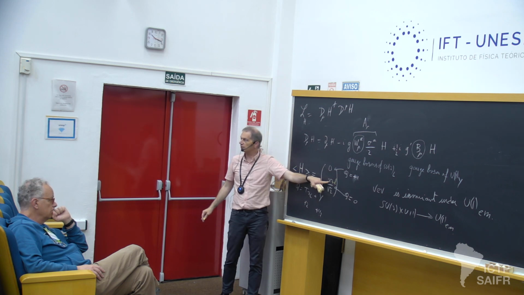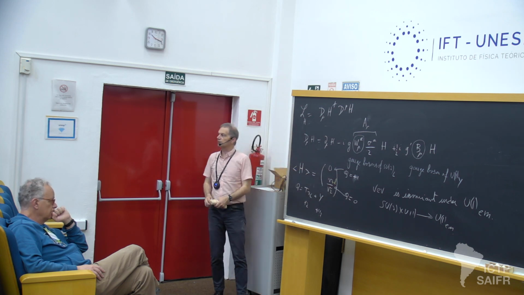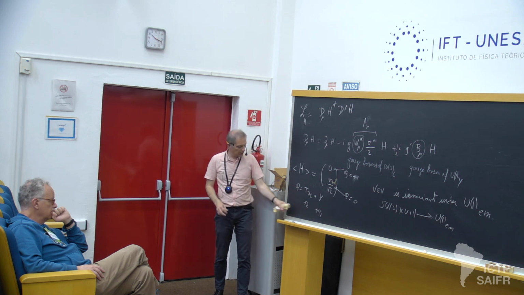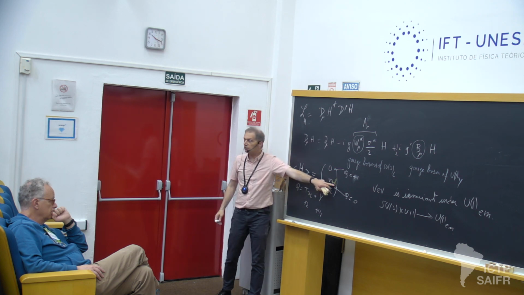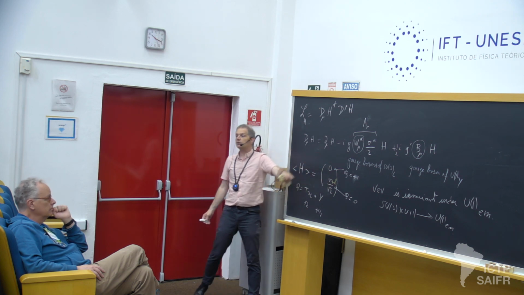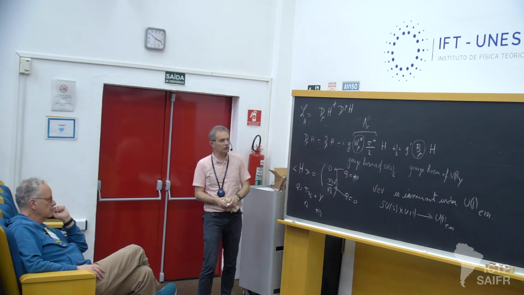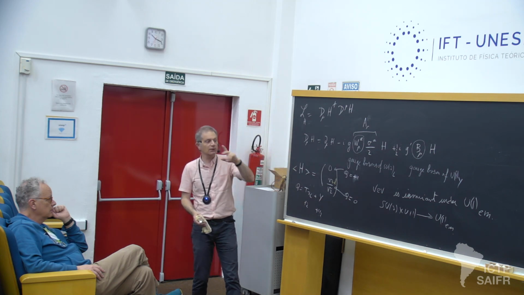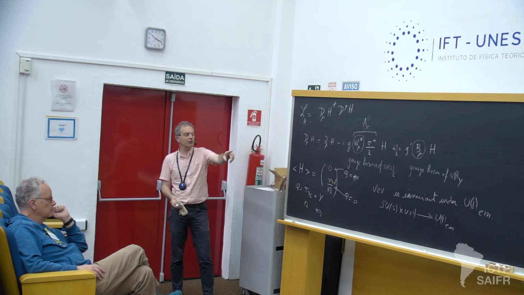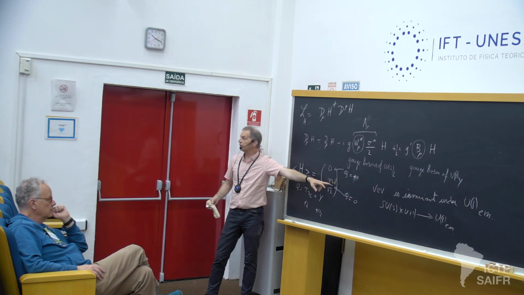So this is a vacuum expectation value, and this is a field. So now we want to see what are the interactions of this Higgs field, the Higgs boson, with all the other particles, with the W, the Z, with the photon, with the quarks and the leptons. Right? But that's quite easy, right? You just need to take the Lagrangian, and everywhere where you had V, you replace V by V plus H.